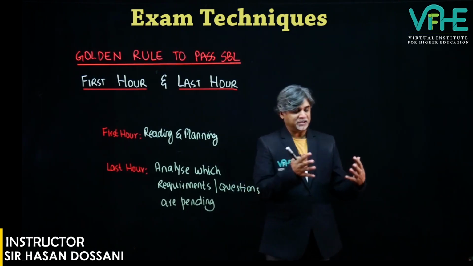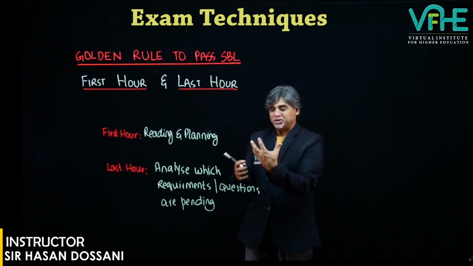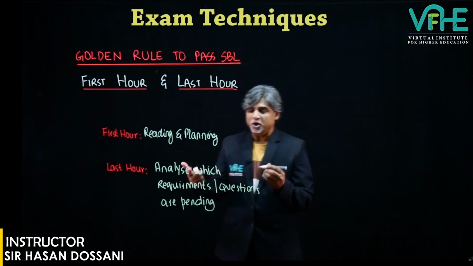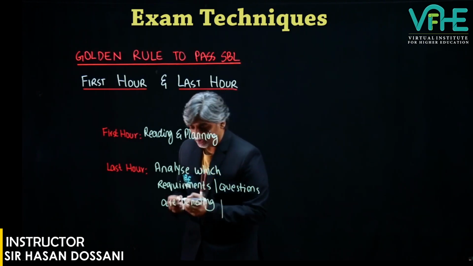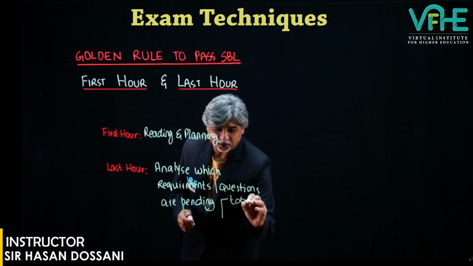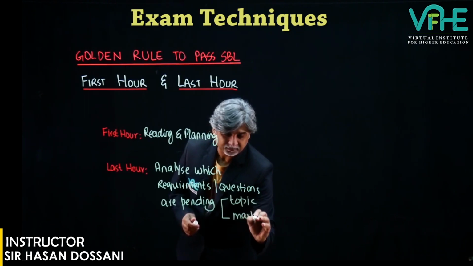You know that you just have 60 minutes, but you need to see what questions or requirements need to be done in those 60 minutes. So what do you analyze? What do you look at? You look at the topic the requirements pertain to, and the marks.